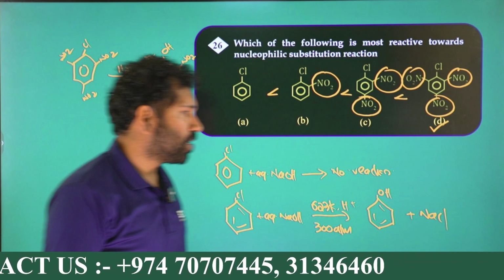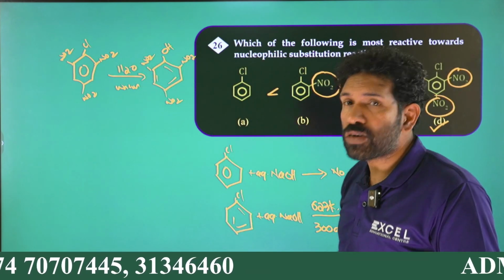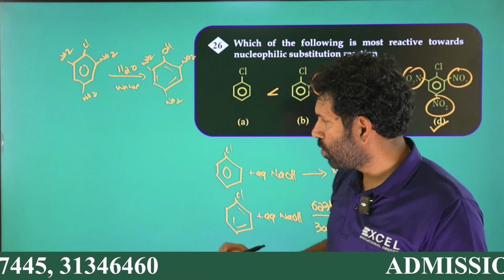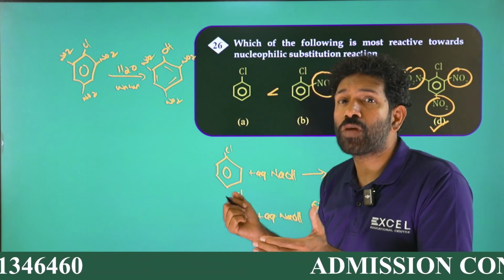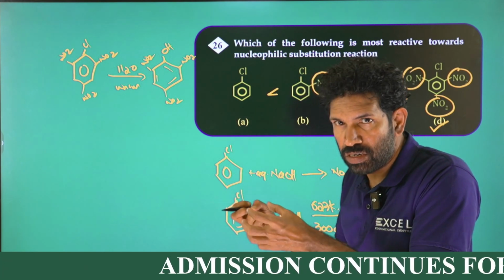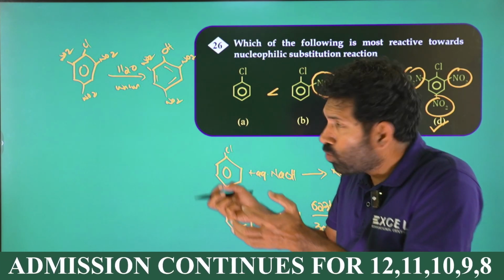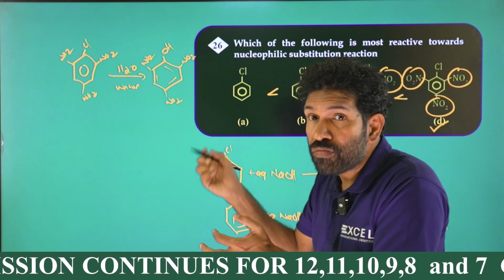The reason is that there are two things. Number one, this NO2 group is an electron withdrawing group. So the NO2 group is withdrawing electrons from the benzene ring. When it withdraws electrons from the benzene ring, the nucleophile will attack the ring faster.